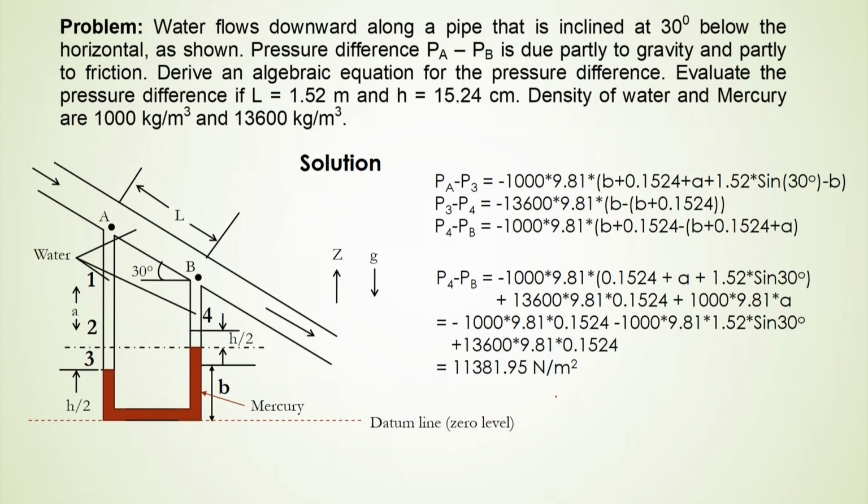Then you have to derive the algebraic equation for the pressure difference, and also evaluate the pressure difference if length is 1.52 meter and h is 15.24 centimeter. Density of the water and mercury are given here. So, what should be the pressure between these 2 points, point A and point B.